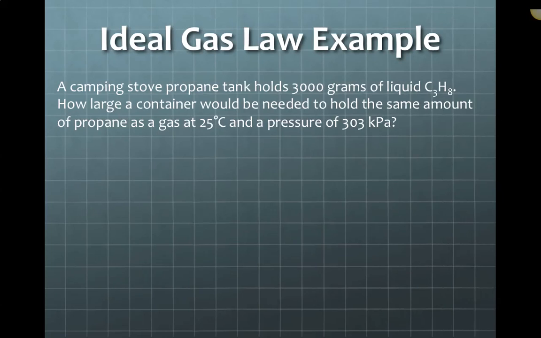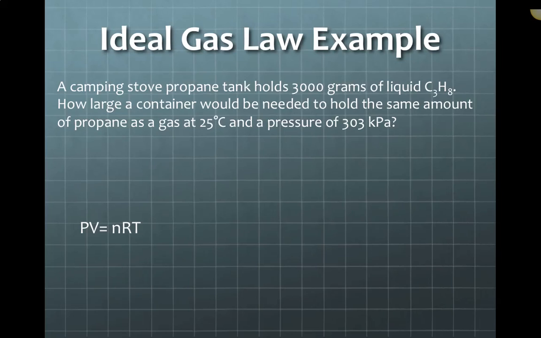A camp stove propane tank holds 3,000 grams of liquid propane, which is C3H8. How large a container would be needed to hold the same amount of propane as a gas at 25 degrees Celsius and a pressure of 303 kilopascals. Now, this is a PV=nRT problem, and you can see that because we're really not changing any of our variables.